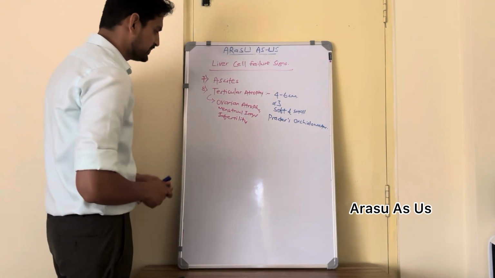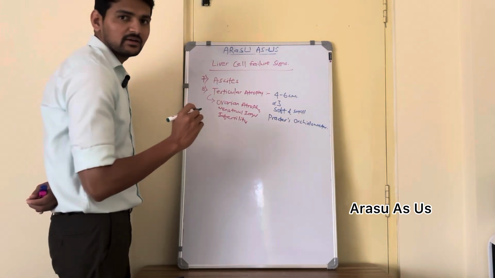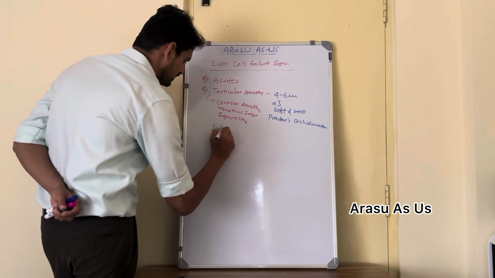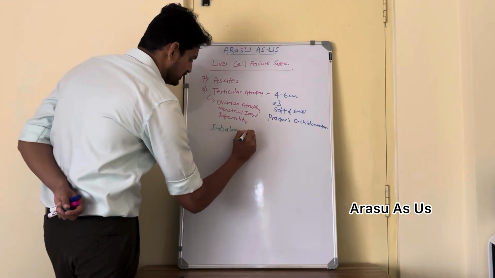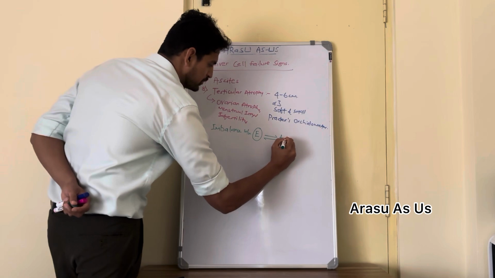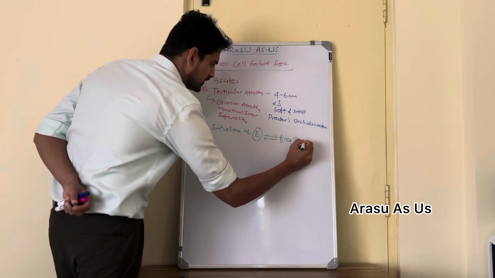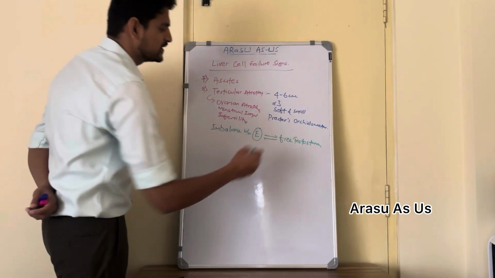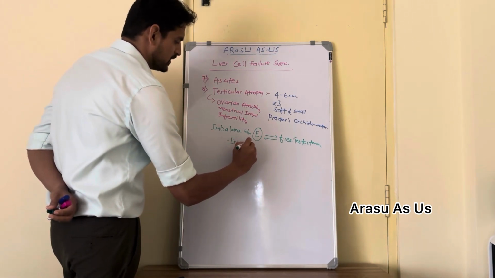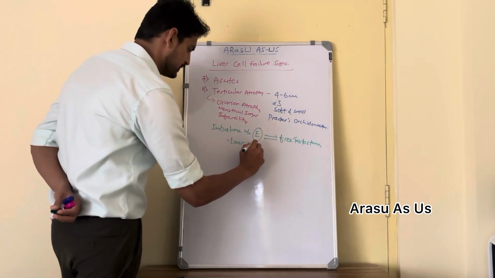To understand that, mainly in liver cell failure, there will be an imbalance between estrogen and free testosterone. This is the major reason, because the liver normally metabolizes multiple hormones.